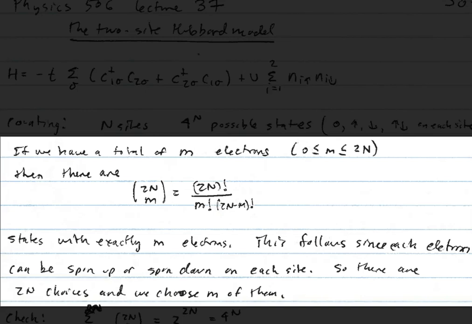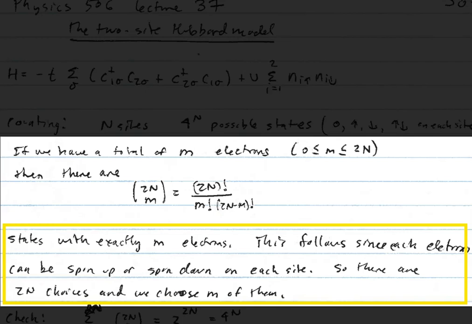So I just have to figure out how do I distribute those m electrons amongst the 2N different spin orbitals. So now I'm thinking about on each lattice site, I can either have no electron or an electron that is spin up, and I can have no electron or an electron that is spin down. And if I think in terms of the spin orbitals, and there are 2N spin orbitals, so the spin orbitals would be up for site 1, down for site 1, up for site 2, down for site 2 on the two-site lattice.